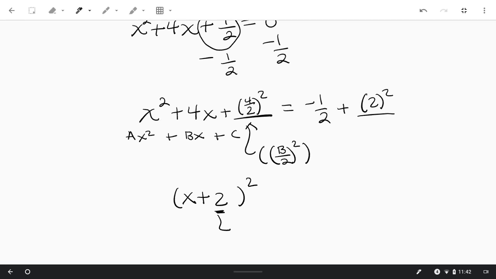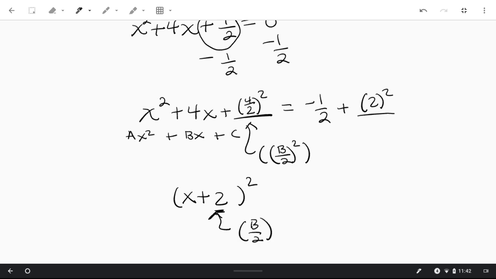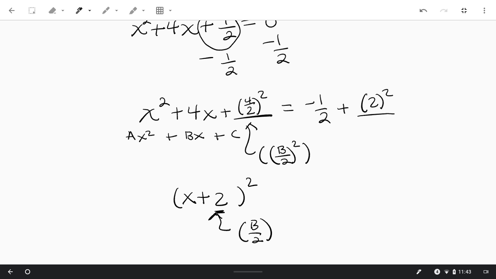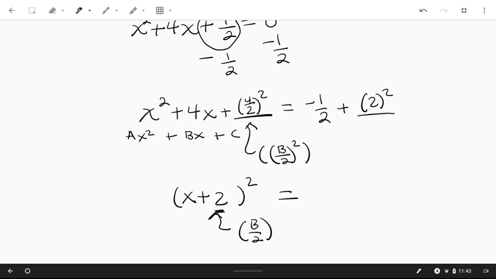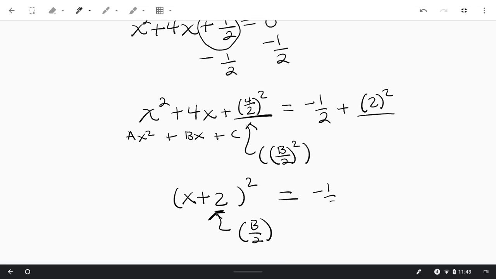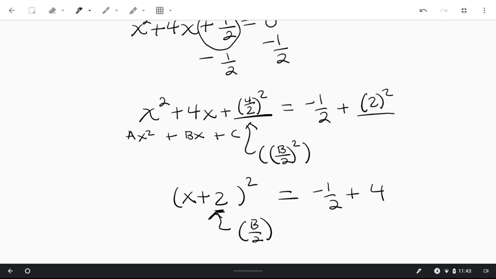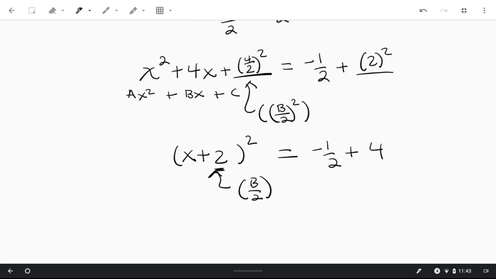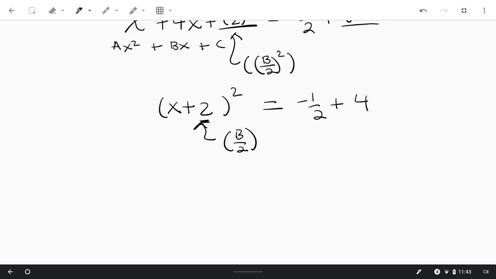This is just your b divided by 2. Not squaring it, just b divided by 2. Okay. All right, so this side we're going to get negative 1/2 plus 4. Okay. All right, let's move this up a little bit more.